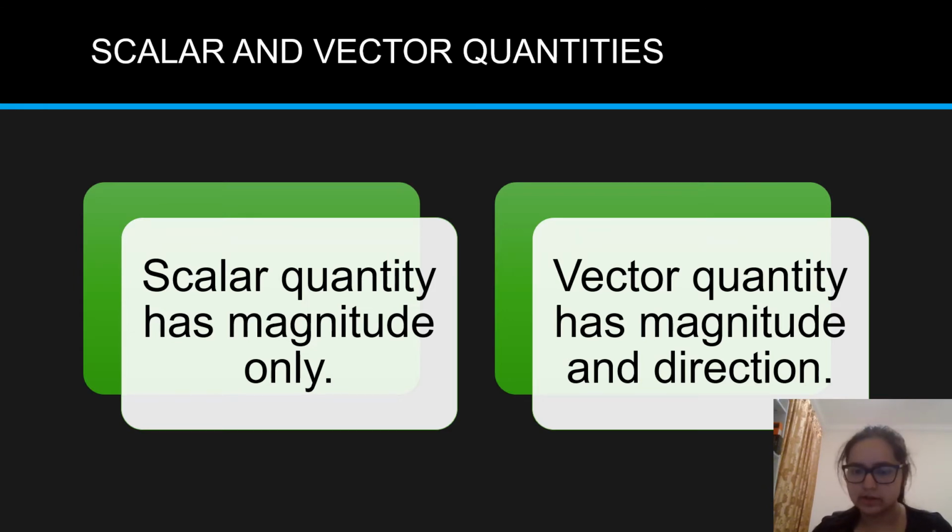Example, the force. You need to tell whether the force is acting forward, backward, downwards, upwards, and you need to tell the size of the force. Is it 25 Newton, 50 Newton? When you tell both of these quantities, it's a vector quantity, and when you only tell the size, it's a scalar quantity.